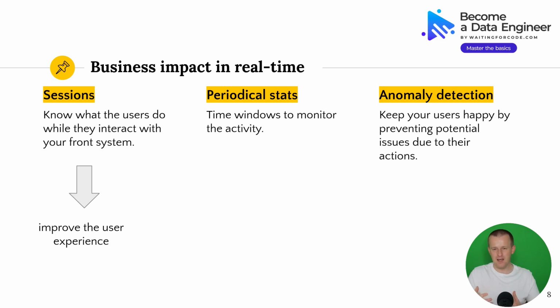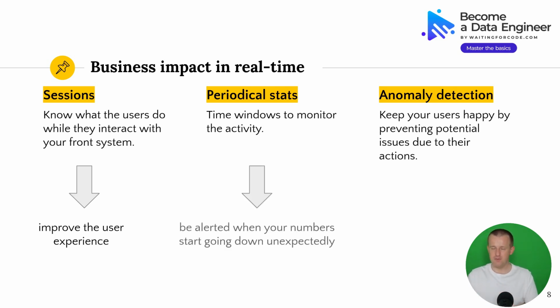And knowing that, you can of course optimize this user experience. You can also have some marketing actions in response to this real-time activity, like for example proposing a coupon for someone who is about to leave your page or about to empty his basket. So there are plenty of use cases for that.